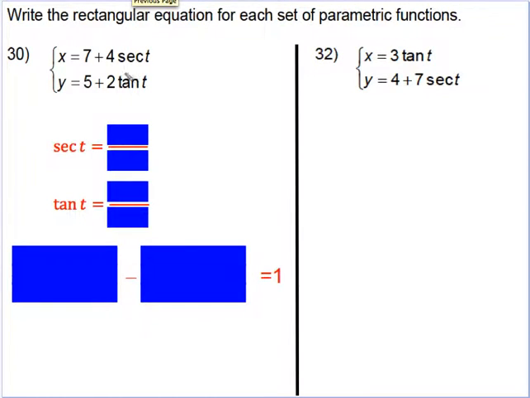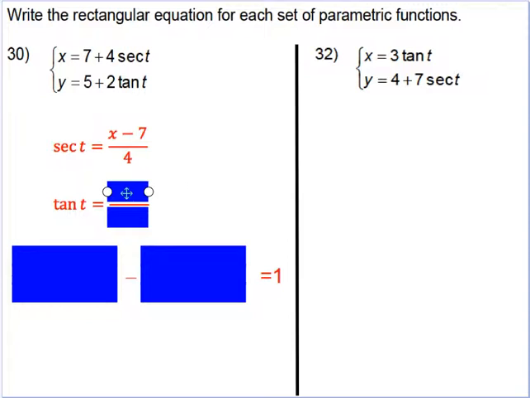And I'm going to do problem 30 with you guys. So you have tangent and secant. You're solving for secant and tangent and getting everything else on the other side. So with the x, you're going to subtract by 7, so you have x minus 7 in the numerator, and then divide by 4 in the denominator.